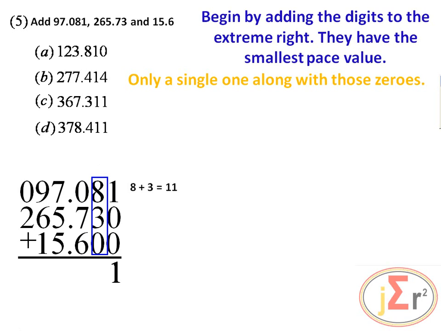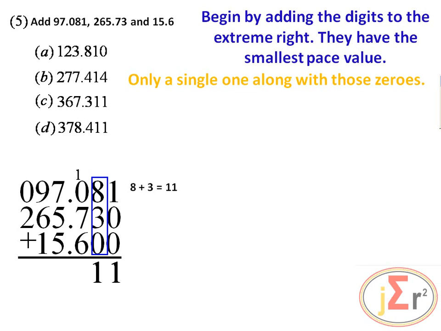And the other digit is of greater significance and will be carried to the column of greater significance. And when we add those, Jerry, what do we get?